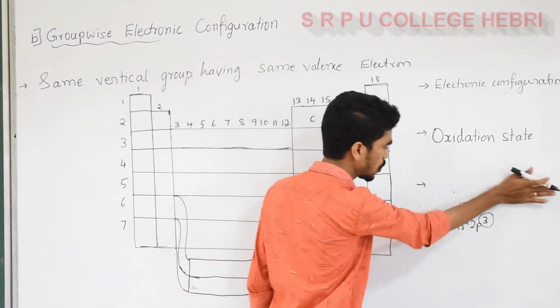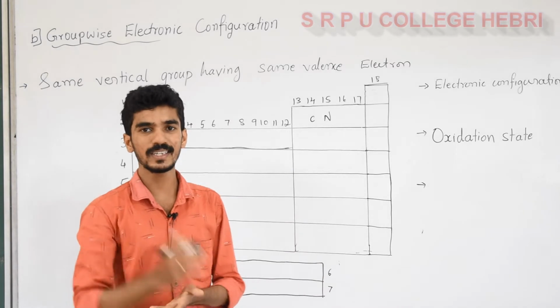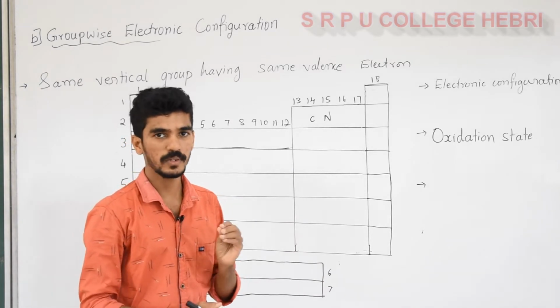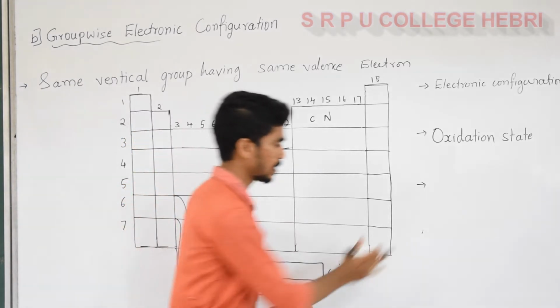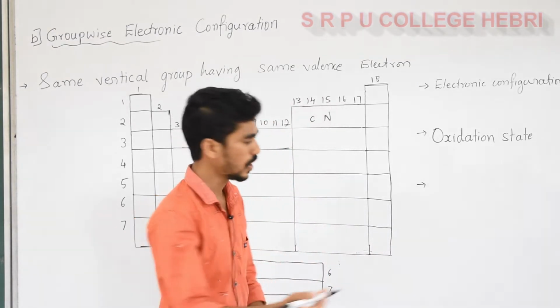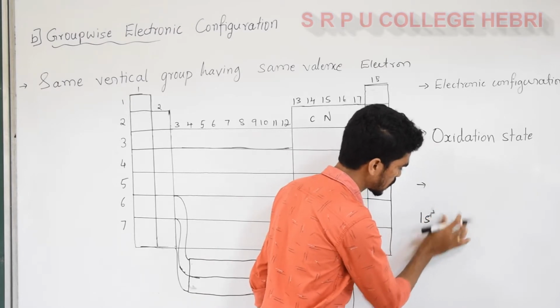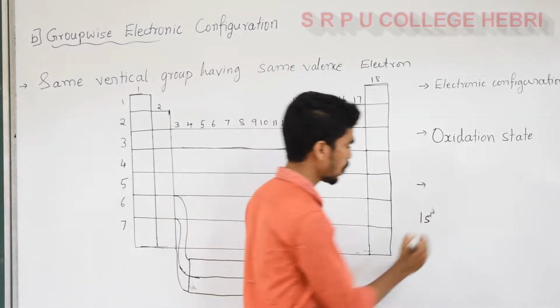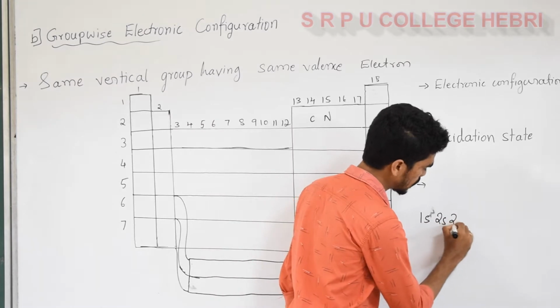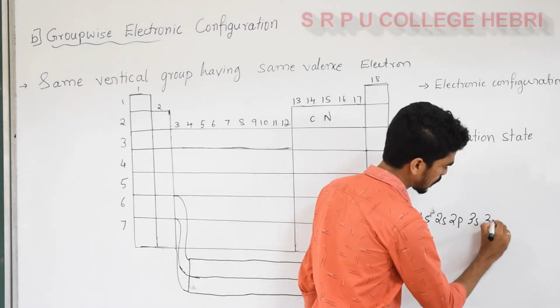Now, the rule to follow is the increasing order of energy of the different orbitals. While writing the electronic configuration, take down: lowest energy is 1s, then 2s, 2p, then 3s, 3p.